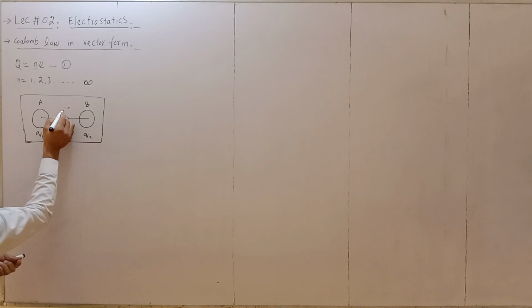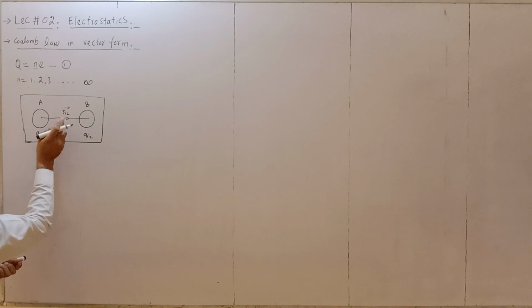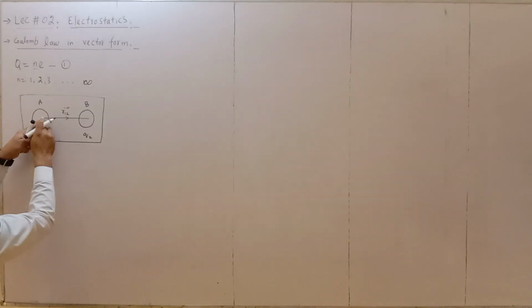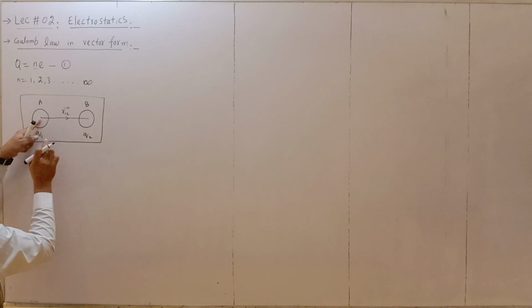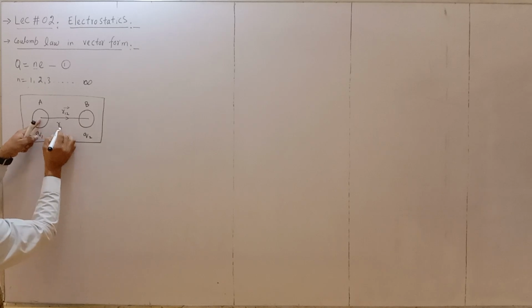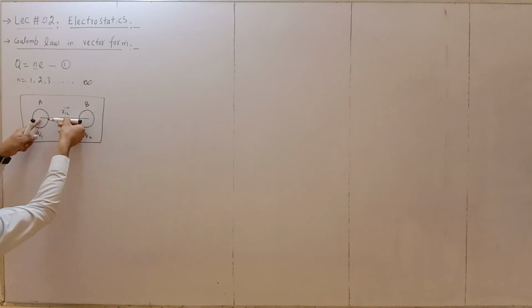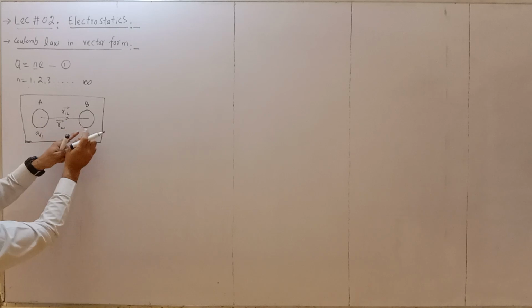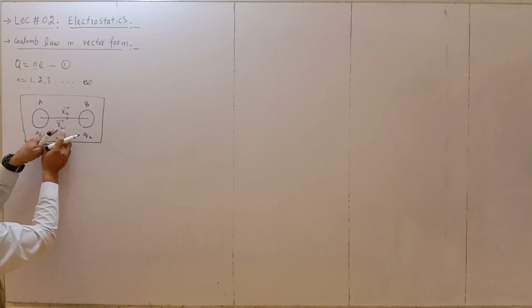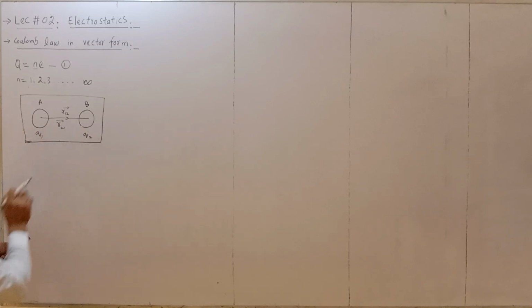So I will write this R as R12. 12 means the vector is directed from 1 to 2. If I write R21, it means the direction of the radial vector is from body 2 towards body 1.